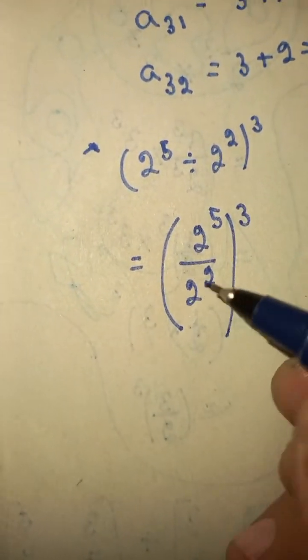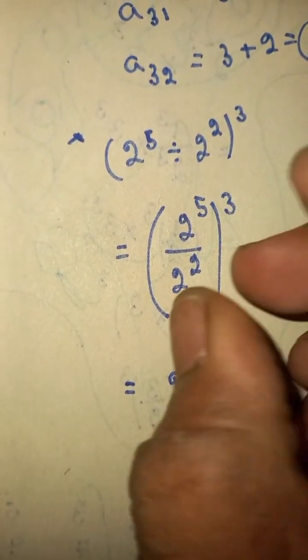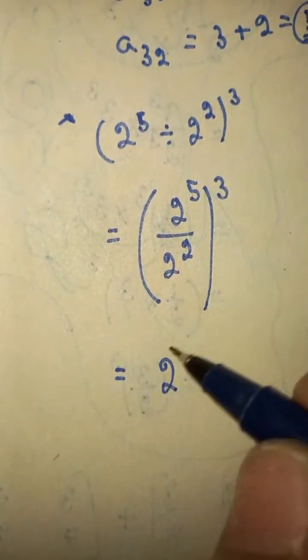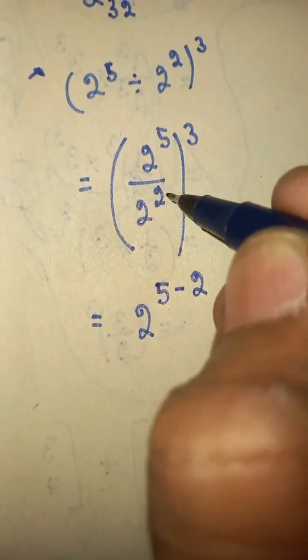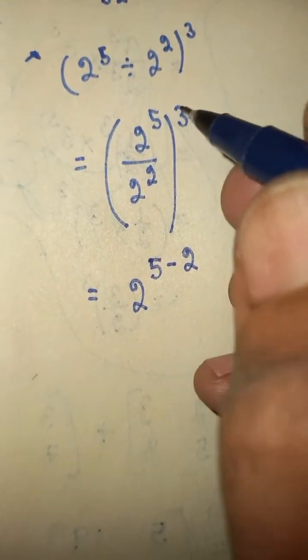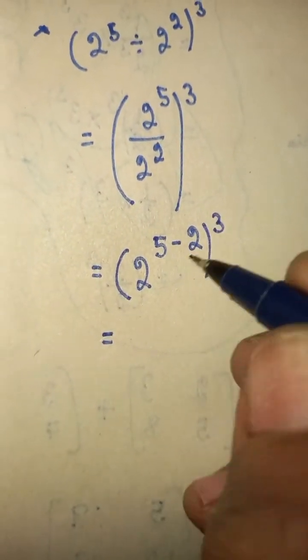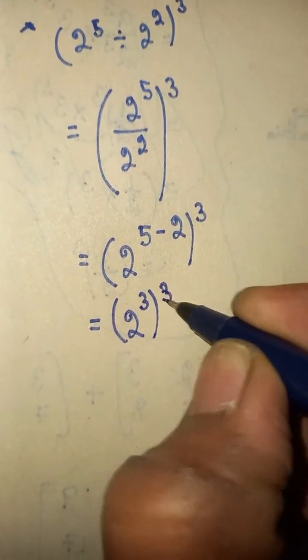Here also the base is 2 in both places, so take 2 as the common base. When this 2 square comes above from the denominator to the numerator, that power becomes negative, minus 2. The whole cube remains as it is. 5 minus 2 becomes equal to 3. So it is 2 cube whole power of 3.